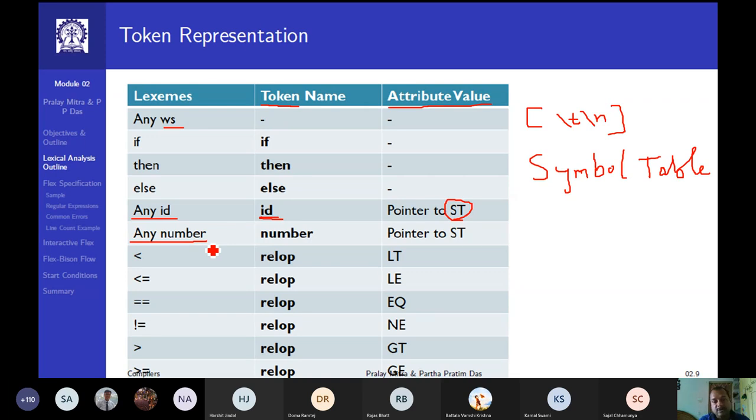Now when I generate the code, since you are now familiar with assembly language code, if I assume that I am generating assembly language code, then you know that x equals to 10 is nothing but the move operation. Because of this 10, the value will be $10.